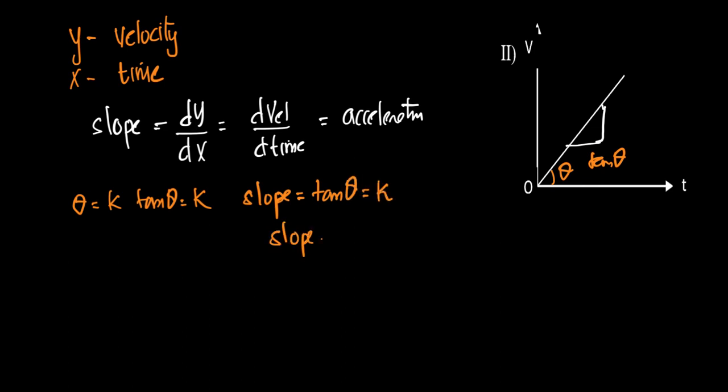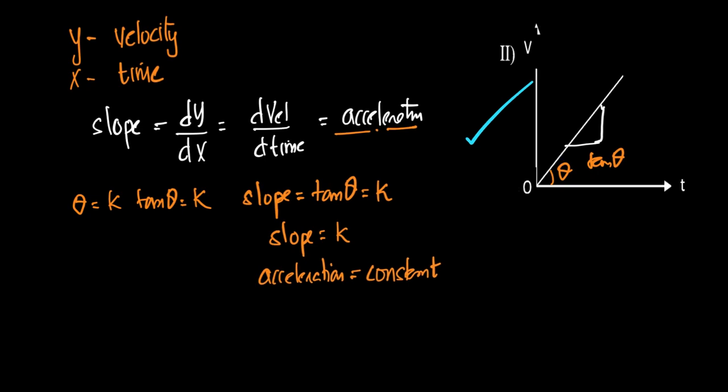Therefore slope is constant. What is slope? Slope of the tangent is acceleration. Therefore we can write that acceleration is a constant value, which again is concurring with the sentence, with the question given to us.